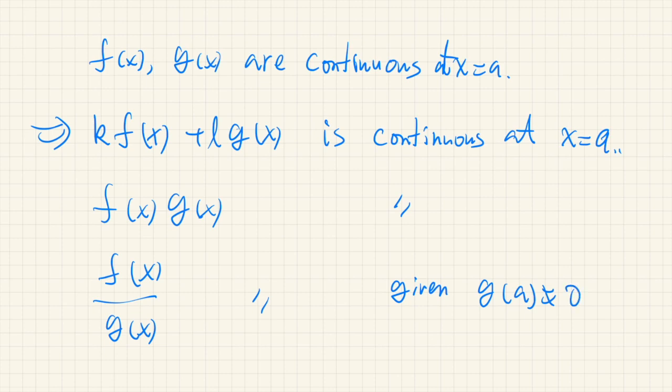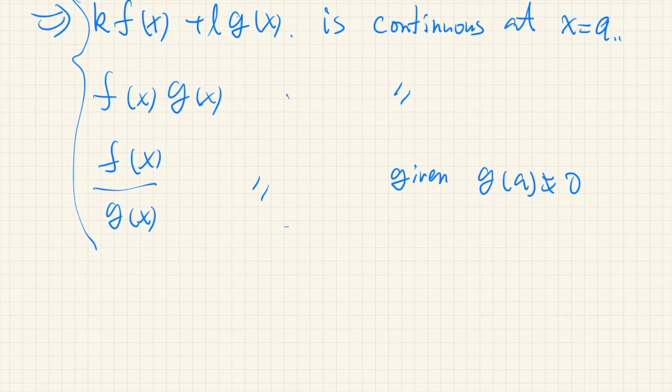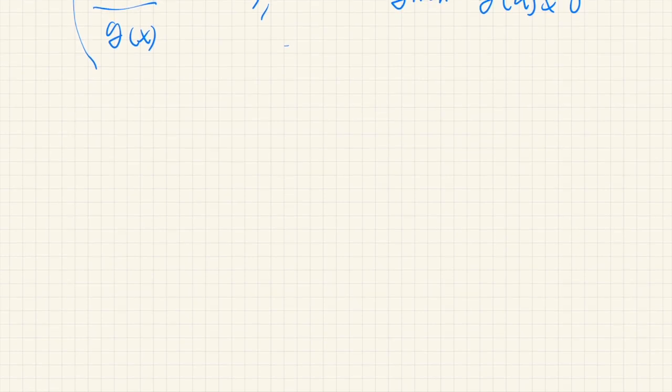Okay, so these are all trivial once you understand that the continuity is just defined as a limit, and the limit being the values of these functions at x equal to a. So these are just inherited from the properties of limits. And a similar argument also applies to function compositions.